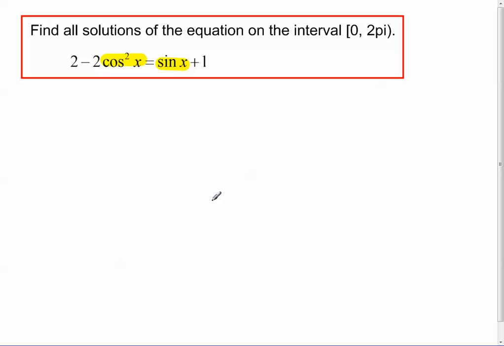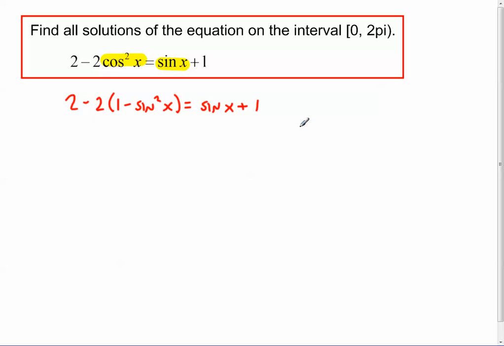But since the cosine is being squared, I can use an identity there. And we know that cosine squared is the same as 1 minus sine squared. So I'm taking out cosine squared and I'm putting in 1 minus sine squared.